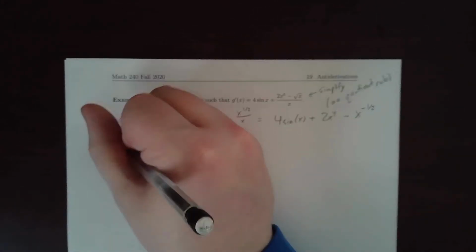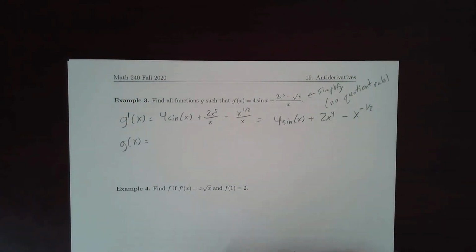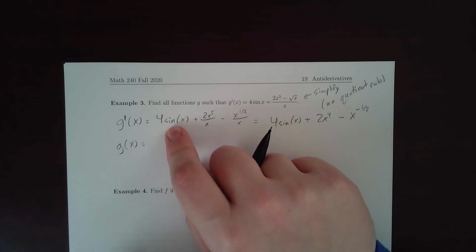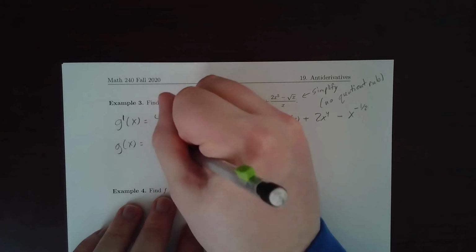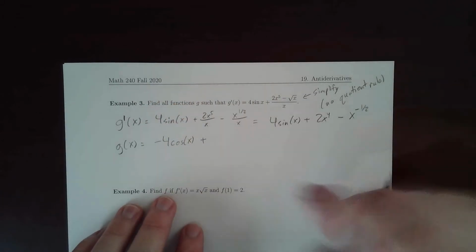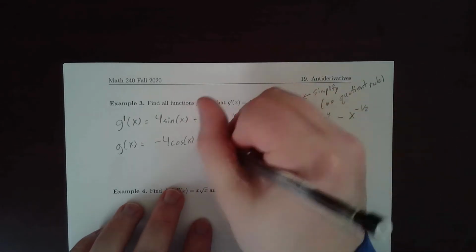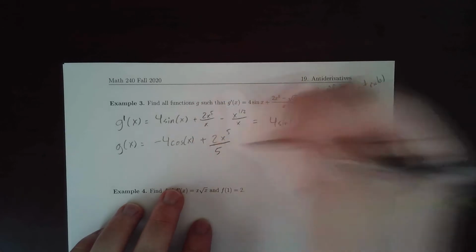Now when we go ahead and take the antiderivative of this, we'll take the antiderivative piecewise. So the antiderivative of sine of x is negative cosine of x. So multiplied by 4, that'll be negative 4 cosine of x, plus the antiderivative of 2x to the 4th will be 2x to the 5th over 5.